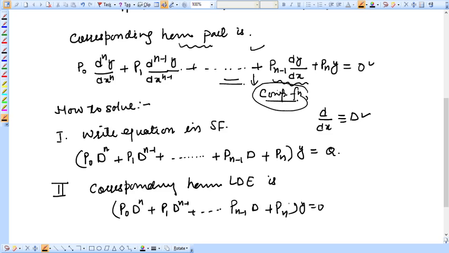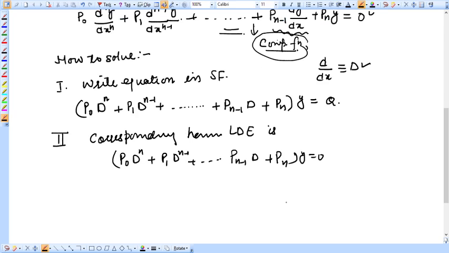This is the homogeneous part of the given differential equation.